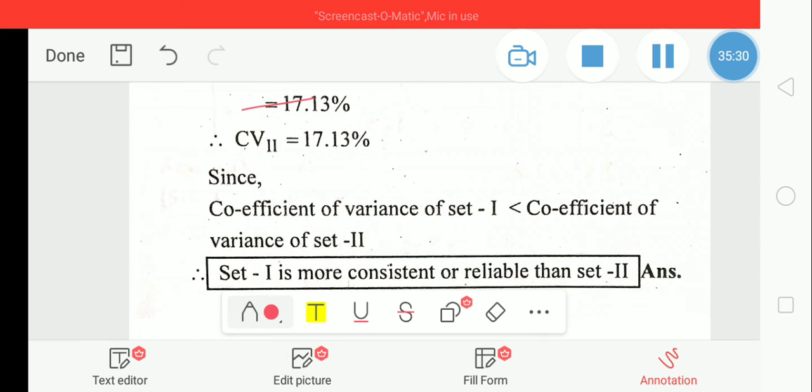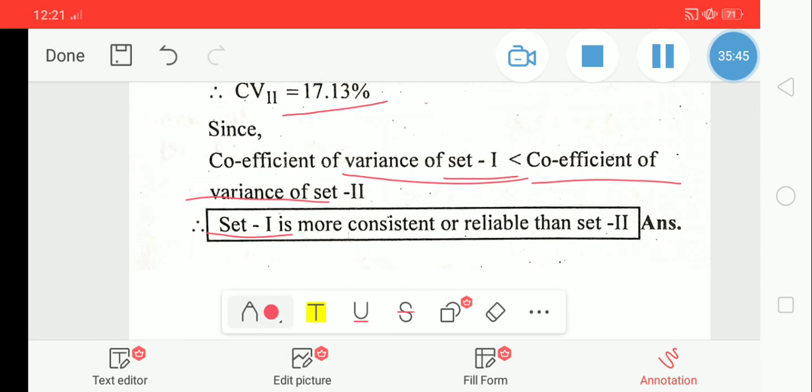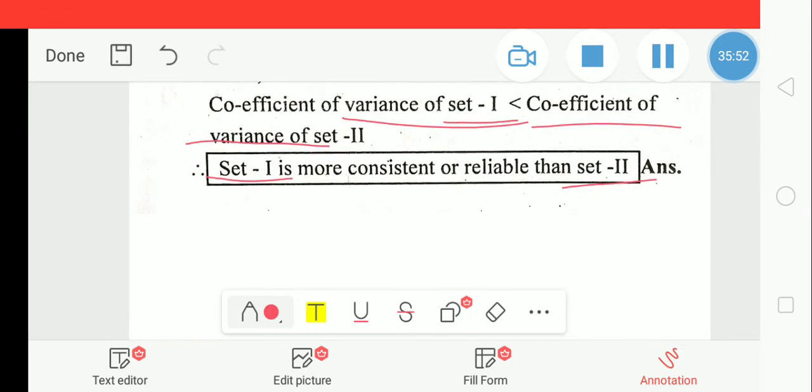Since the coefficient of variance of set 1 is less than that of set 2, set 1 is more consistent or reliable than set 2.